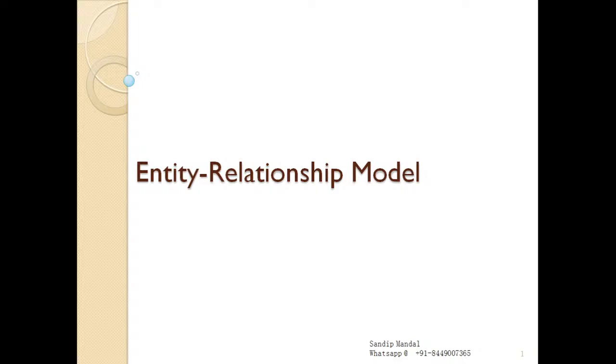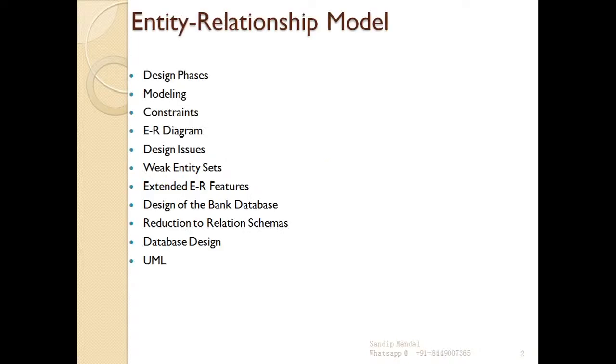Okay, thanks. Next we go to the next slide. Our entity relationship model consists of some basic or broad points. First one is the designing phase, second one is modeling. The designing phase is the broad concept of logical design, physical design and conceptual design.